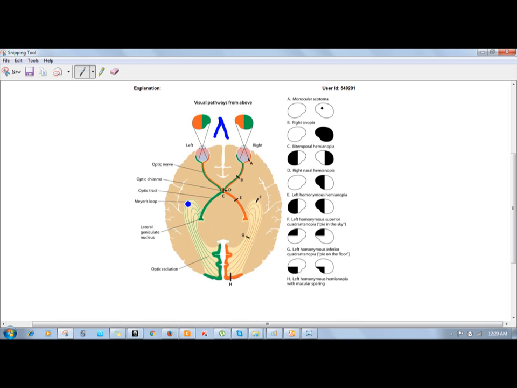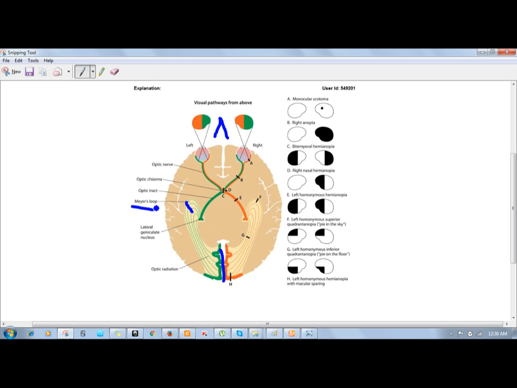The upper part here is called Meyer's loop, which traverses through the temporal lobe, and the lower part is the optic radiation, also known as the dorsal optic radiation, which traverses through the parietal lobe, and ultimately both of them go on to the occipital lobe. So this is the basic idea here.